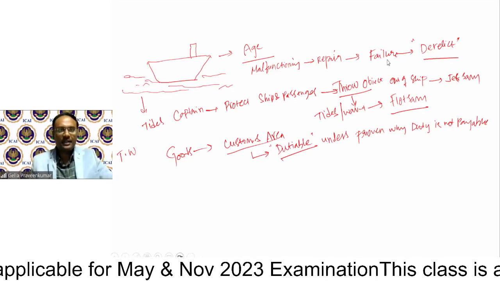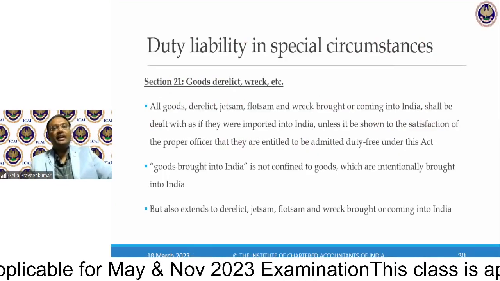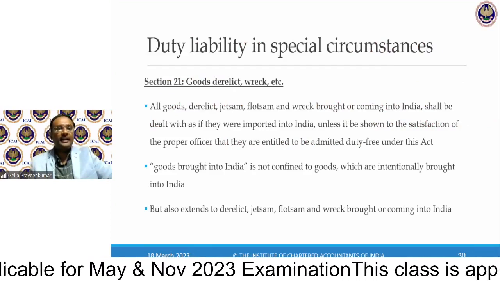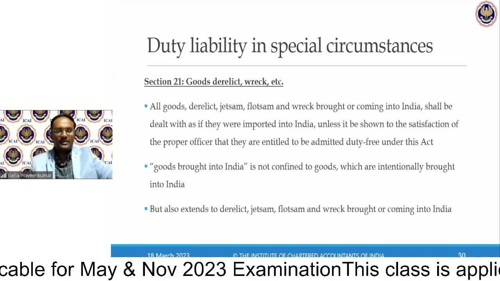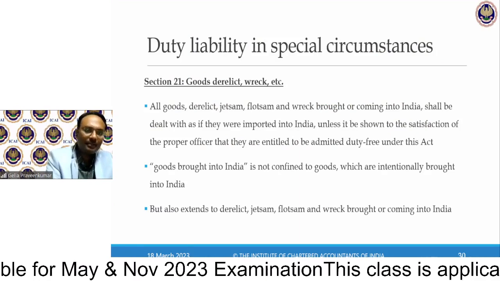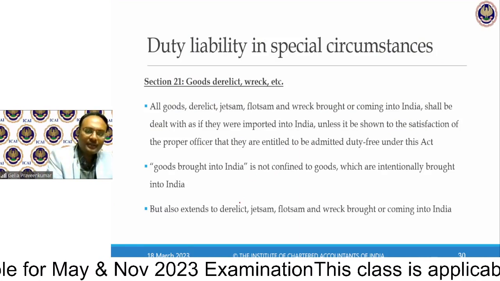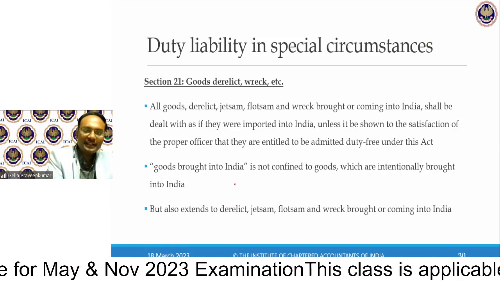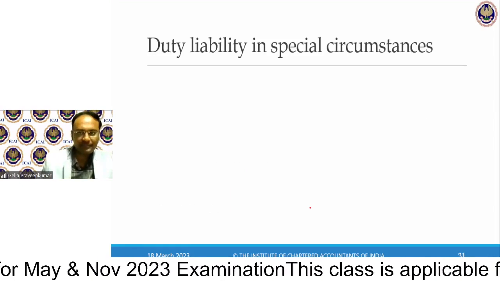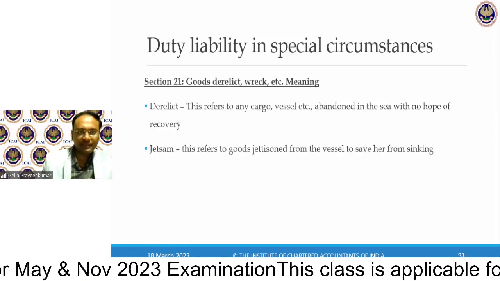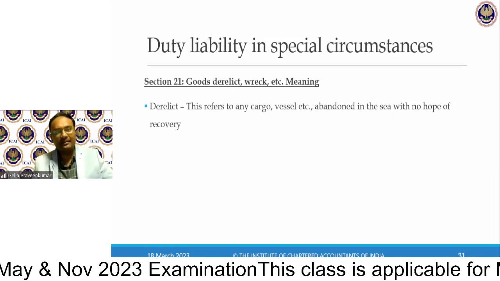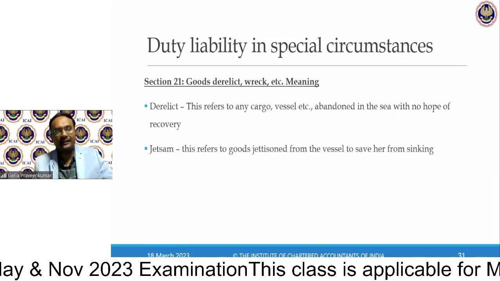Let me come back to your provision. Section 21, derelict, wreck, etc. Goods brought into India is not confined to normal goods. It is also goods which are intentionally brought or unintentionally brought. So this provision is applicable to derelict, jetsam, flotsam, and wreck. Derelict refers to a cargo or vessel which is abandoned in the sea because there is no hope of recovery.